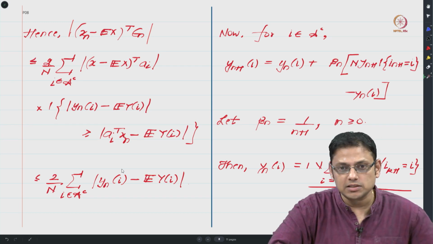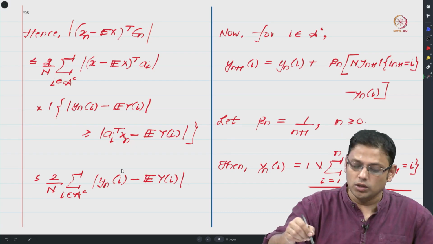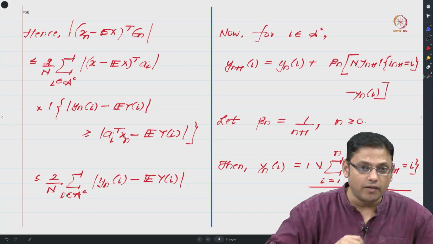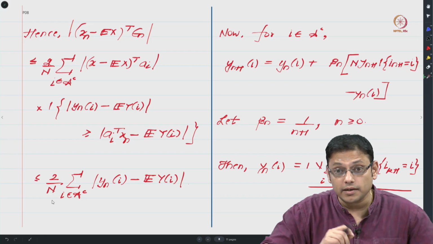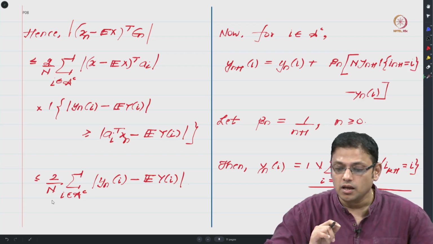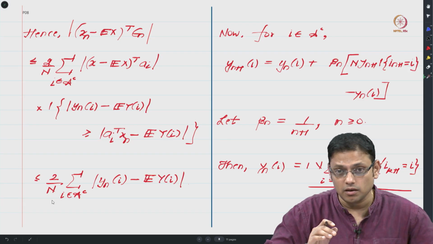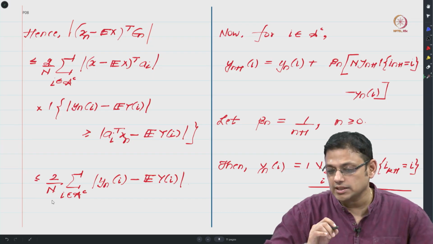And now let me first try to tell you why the law of iterated logarithm becomes natural here. So notice that here we have i in A complement, which means that your i is not related to your adversarial measurement. It is actually given by an honest or non-adversarial sensor.